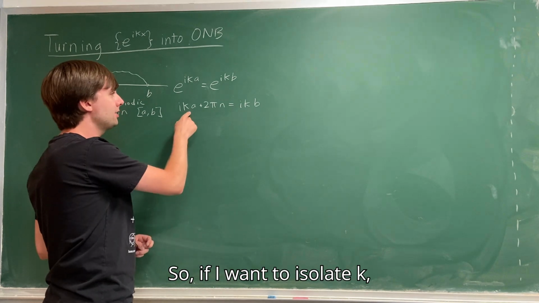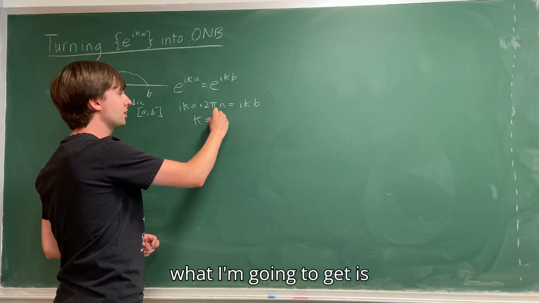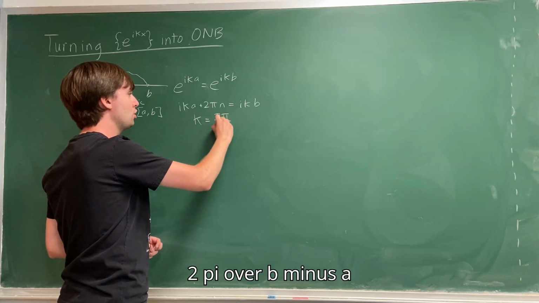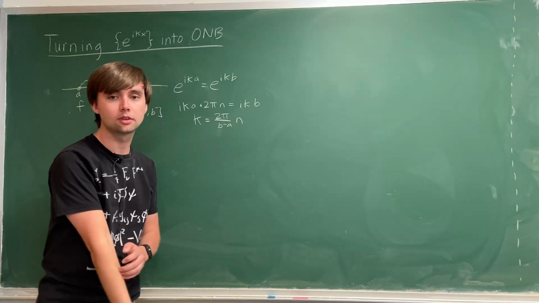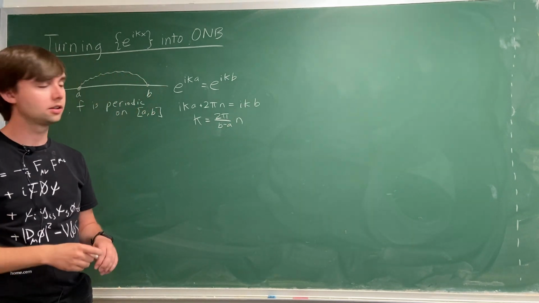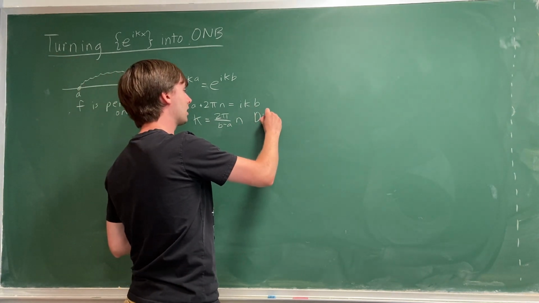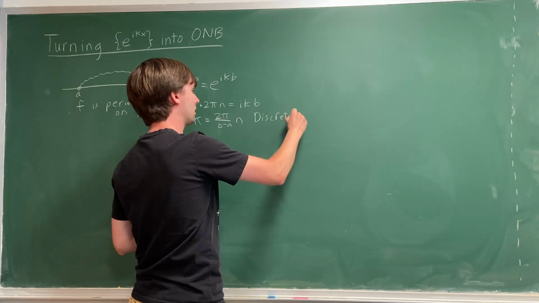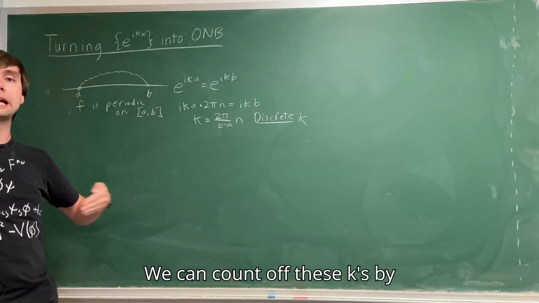So if I want to isolate k, what I'm going to get is 2 pi over b minus a times n. So what we have here is a discrete k. We can count off these k's by integers.